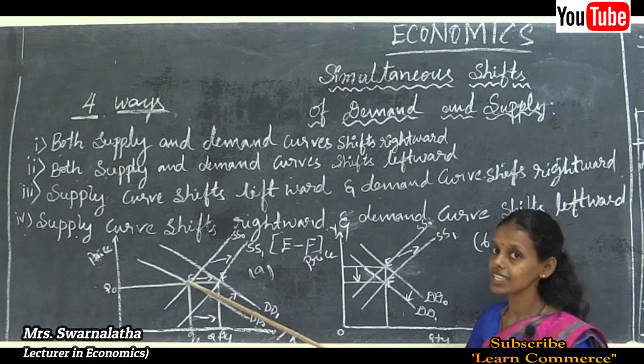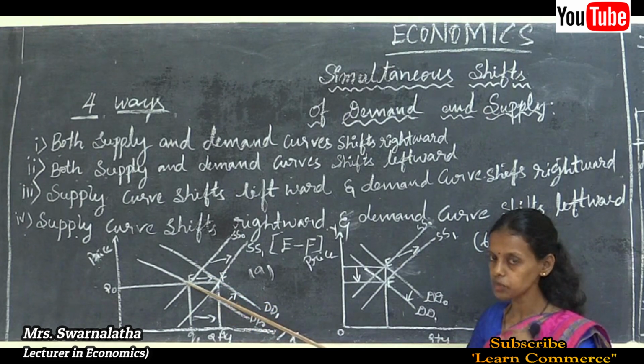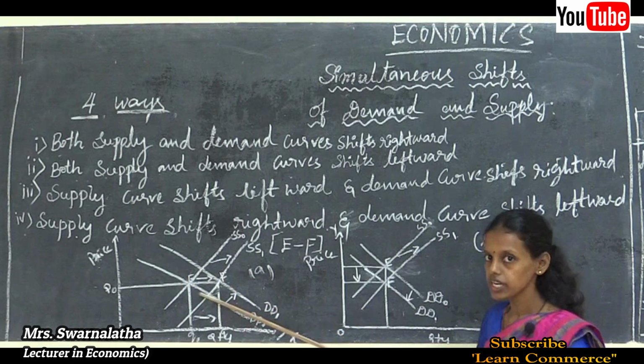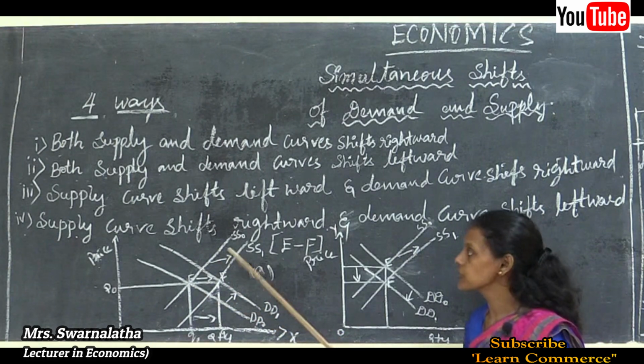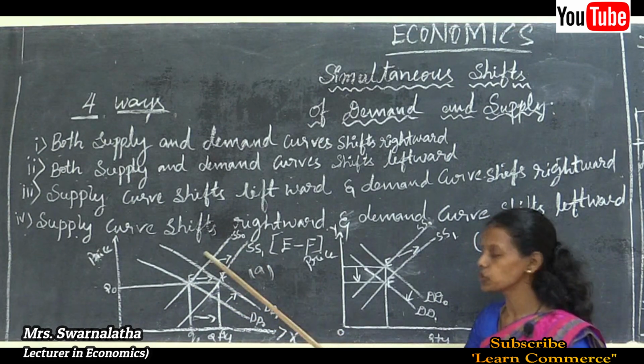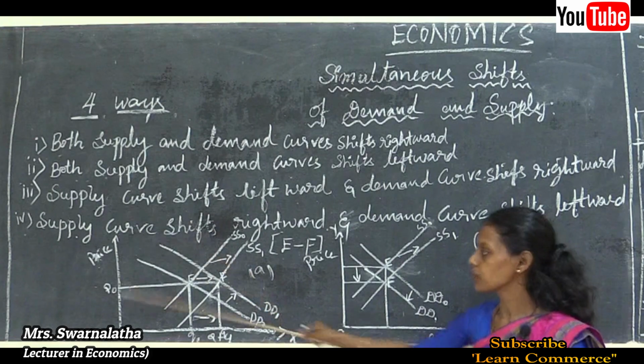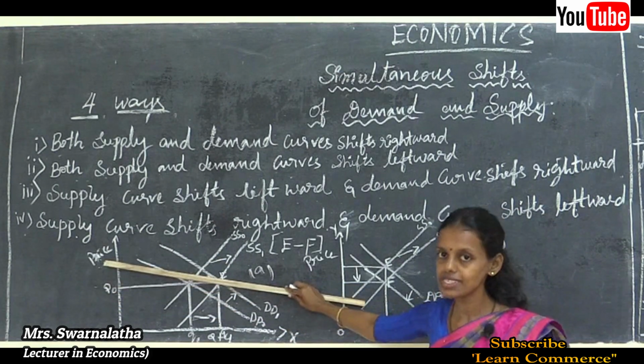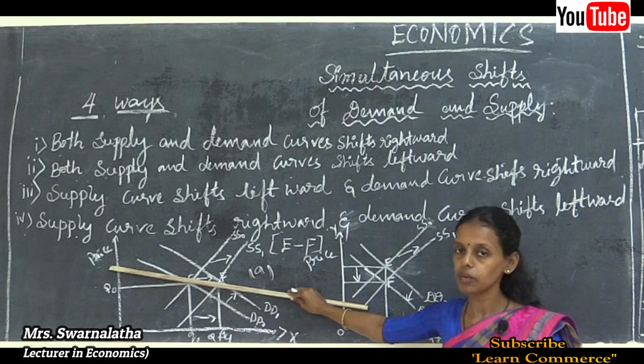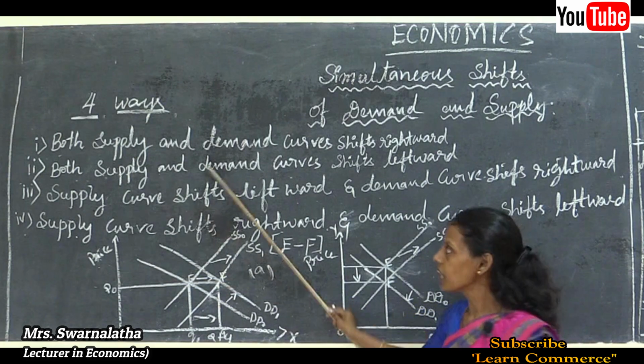So, demand decreases. When the quantity of production decreases, demand also decreases. Supply also decreases from SS1 to SS0, but price remains constant, remaining unchanged. Either price may increase, decrease or remain unchanged.